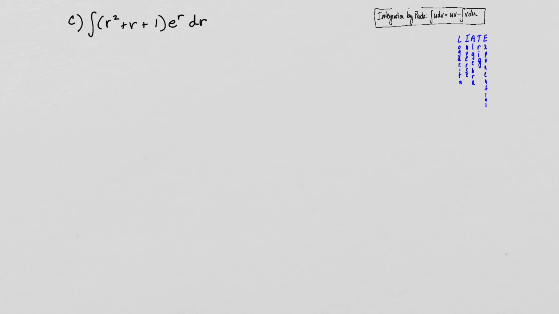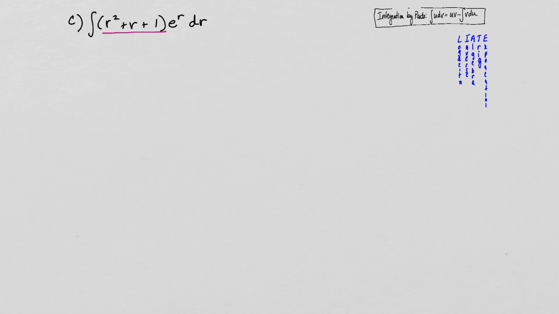So I'm going to start by trying to figure out what my u should be. So if I look at this LIATE, right, I don't have a logarithm. I don't have an inverse. But I do have an algebraic function. And so that algebraic function that I have is this r squared plus r plus 1. Oh, no, that's fine.